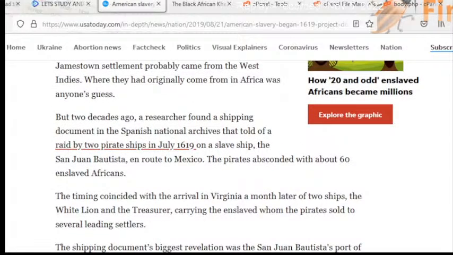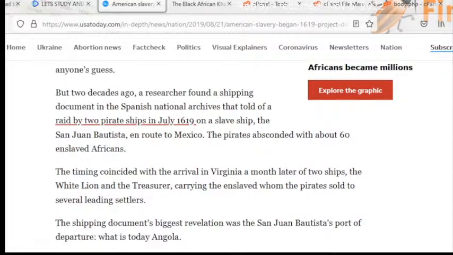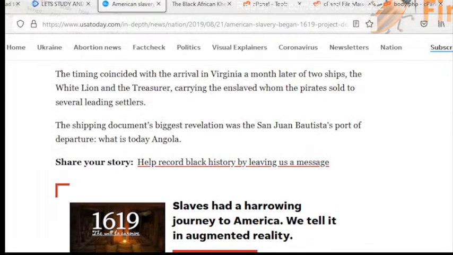Let me read that again. The timing coincided with the arrival in Virginia a month later of two ships, the White Lion and the Treasurer, carrying the enslaved whom the pirates sold to several leading settlers.